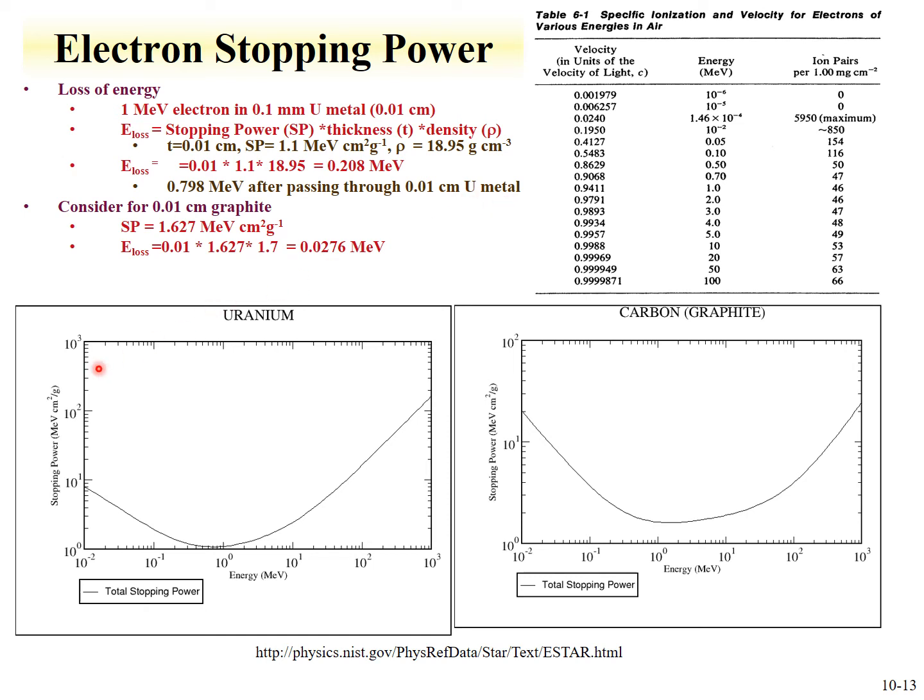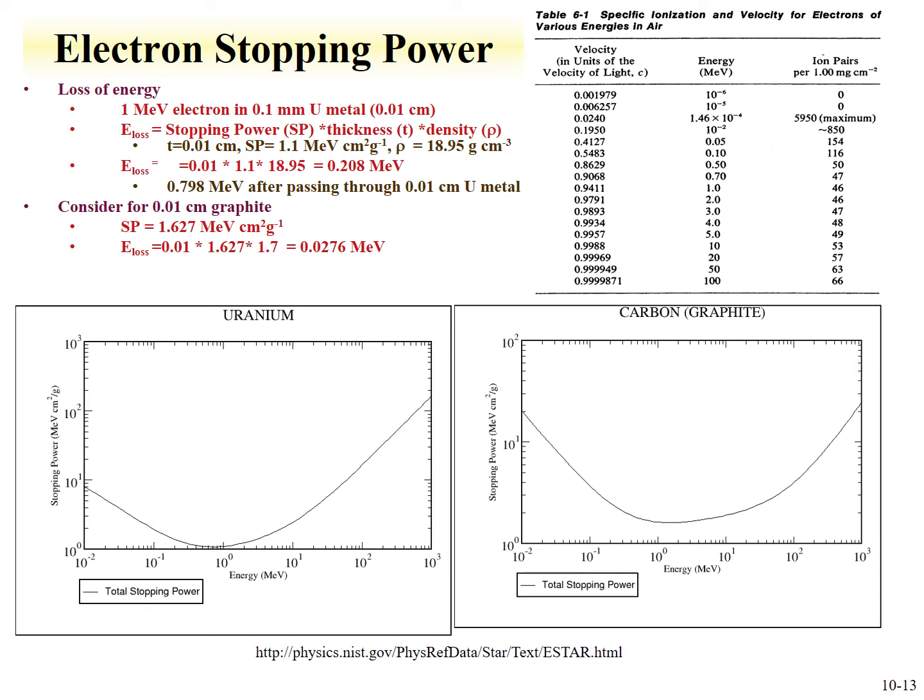And there's also a specific ionization velocity for electrons at various energies within air. If you talk about the velocity of the electron, I can either talk about it in terms of energy, MeV, or some fraction of the speed of light. We can see how many ion pairs are made. As we mentioned earlier, at the lowest energy, we get close to a maximum amount of 6,000 ion pairs per milligram centimeter squared of air.